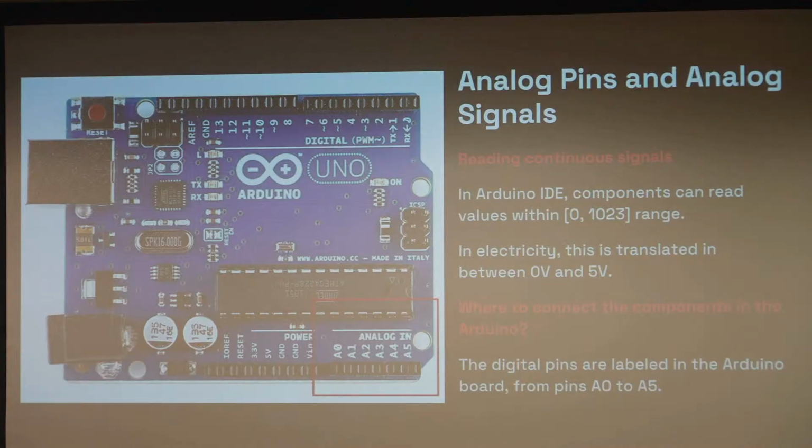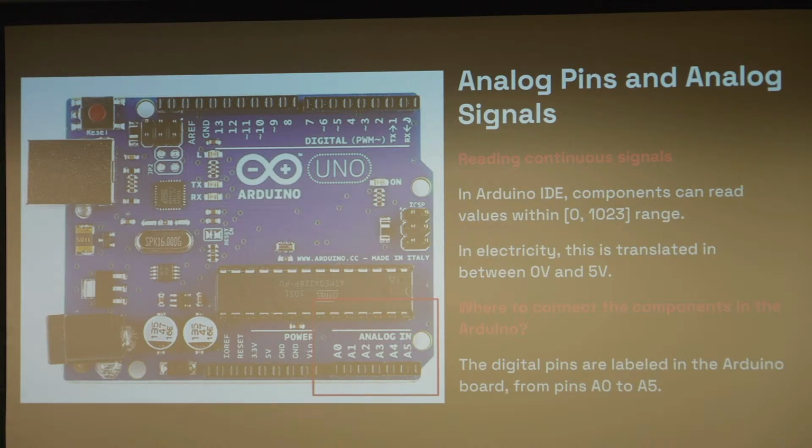Regarding analog input, the same way we saw in the previous workshops with digital pins and digital signals, in this case it's not going to be binary signaling. It's not going to be only zeros or ones. We're going to be able to read anything between 0 and 1023 inclusive.